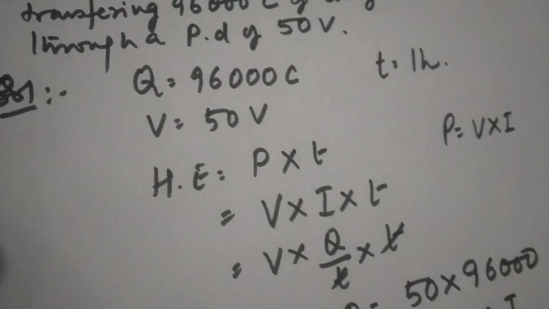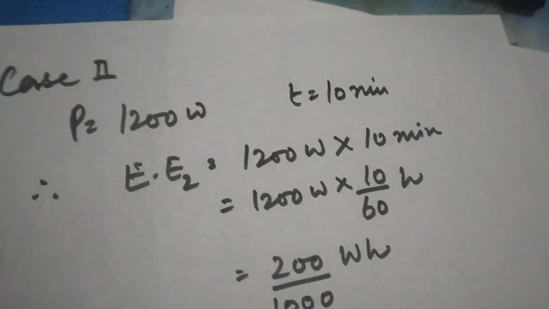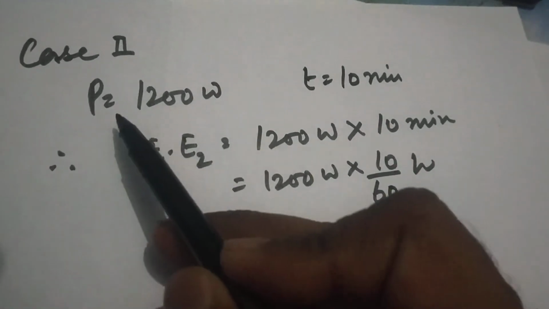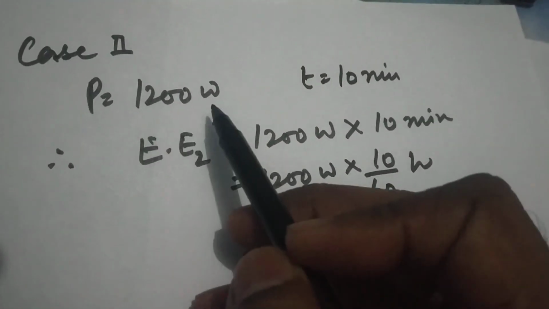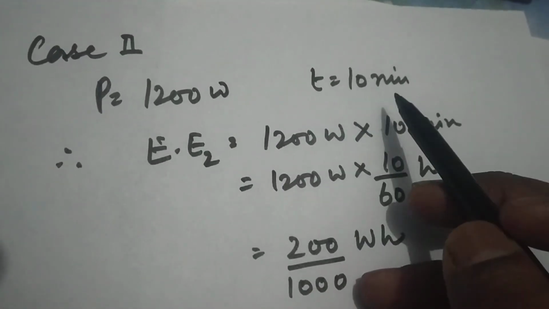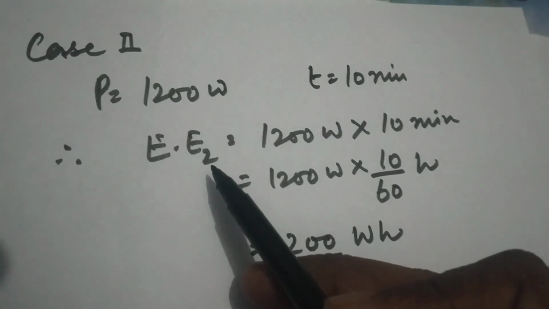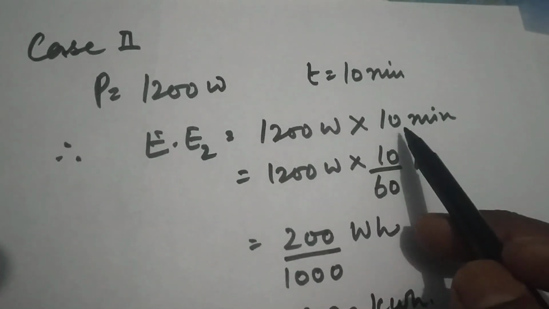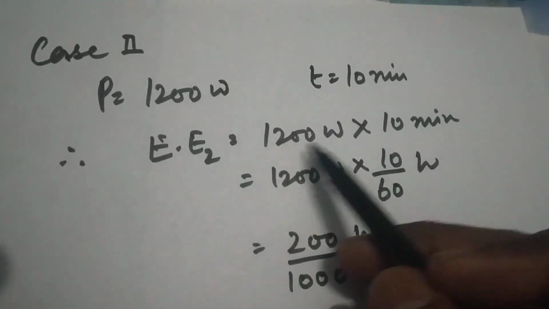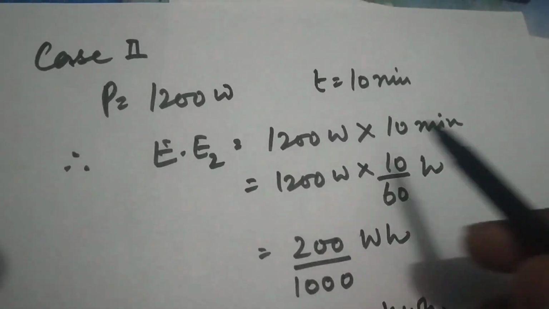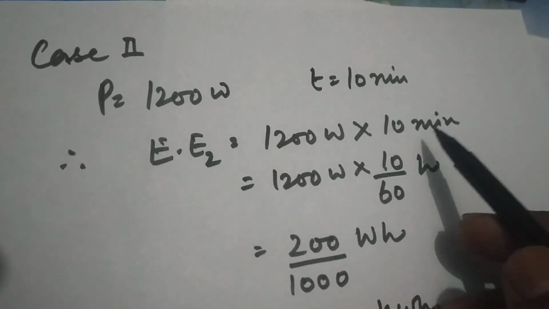Now for the second case, that is the toaster. What is the given power? 1200 watt. And what is the time given? 10 minutes. We use the same formula for electrical energy, P into T. The power is 1200 watt, and the time is 10 minutes.